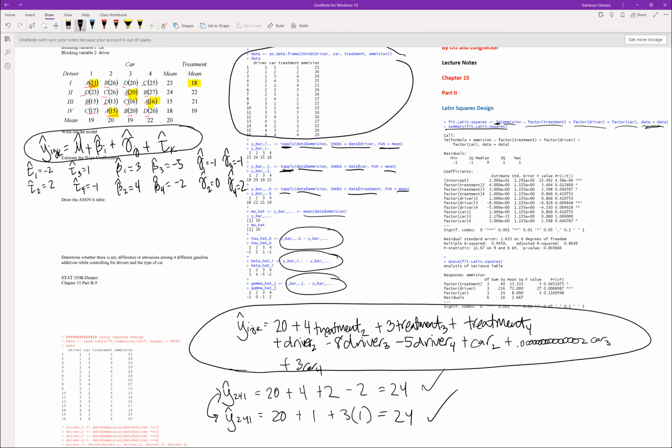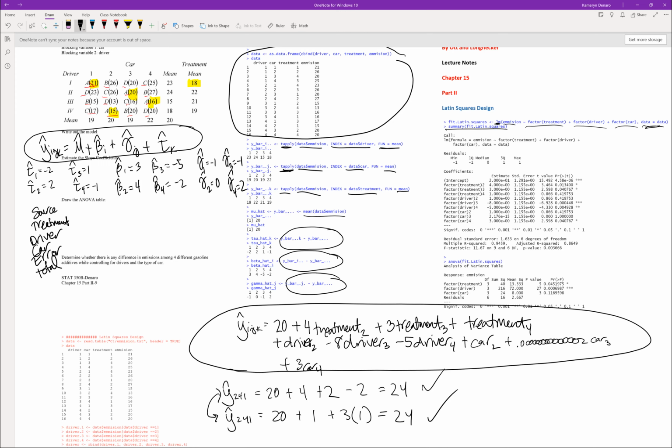Okay, for our ANOVA table, remember, we're going to have the source being due to treatment, blocking factor for driver, blocking factor for car, error, and total, right? Our degrees of freedom are going to be t minus 1 for each of these.